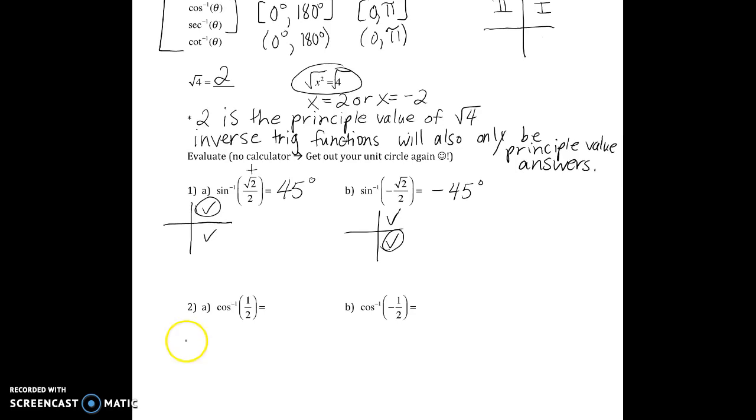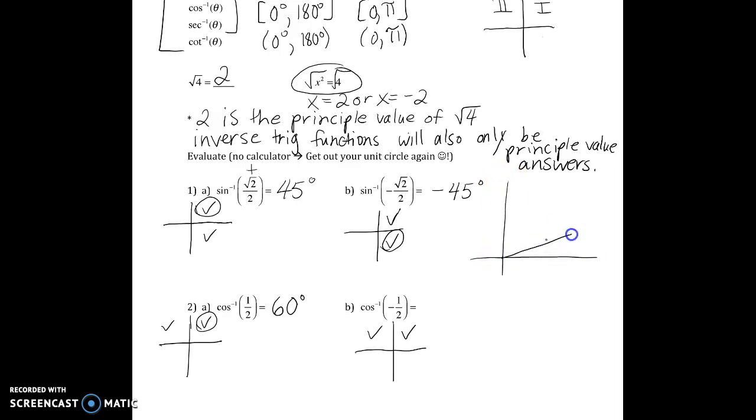Cosine is going to fall in two different quadrants. So cosine is going to be in the first and second quadrant when we're selecting for positive or negative. If it's positive, it's first quadrant. Inverse cosine of 1/2 is going to be 60 degrees. And again, you can use your unit circle for that.